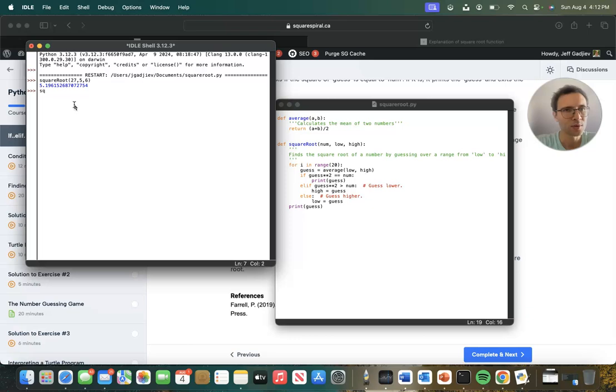Now let's try 25. So 25, lower bound, let's go with 4, upper bound, let's say we go with 6, let's see what happens. We do get exactly 5, okay, as expected.